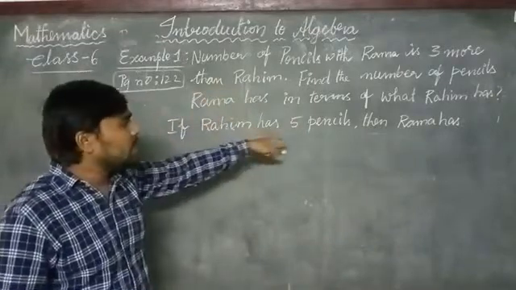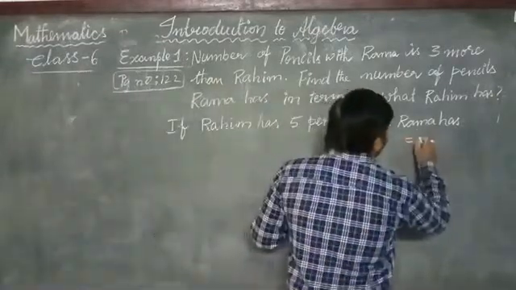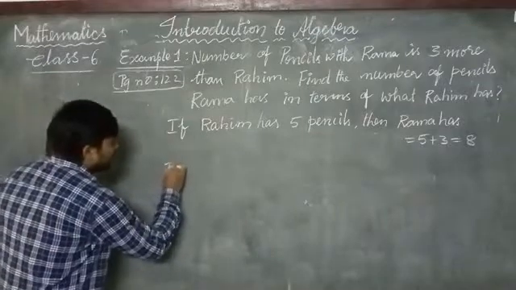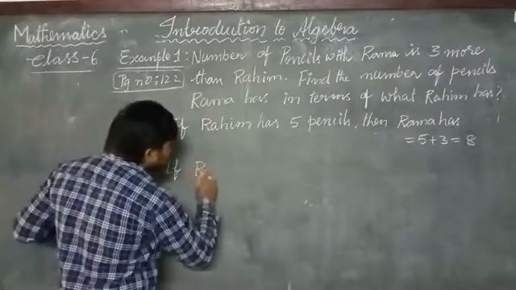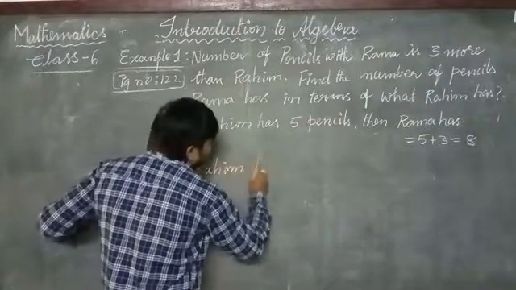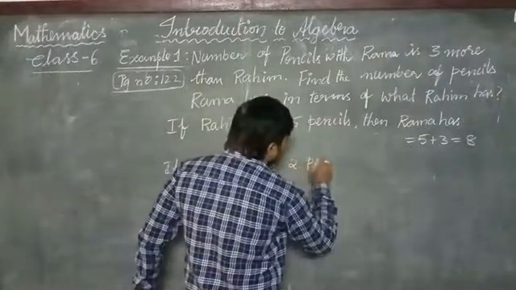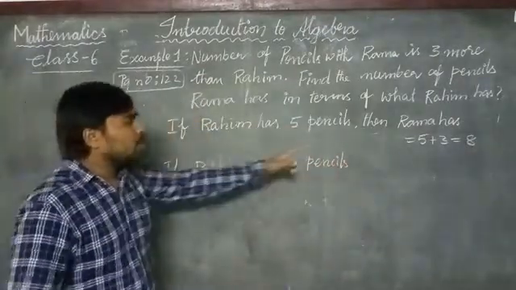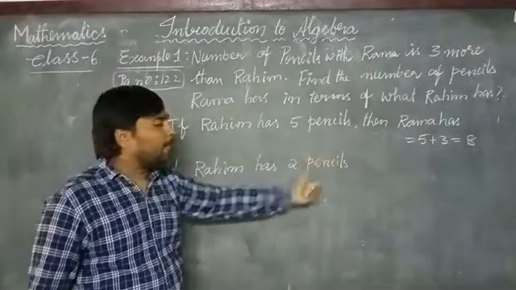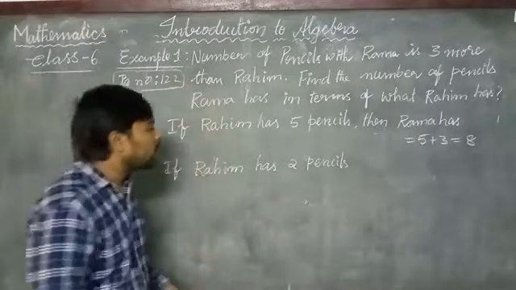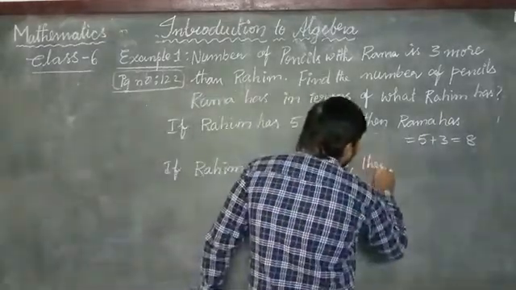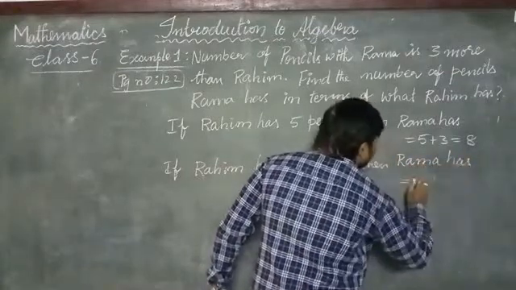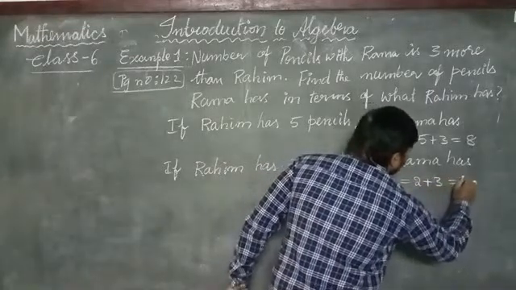One more example: if Rahim has 2 pencils, then Rama, who always has 3 more pencils than Rahim, has 2 plus 3, 5 pencils.